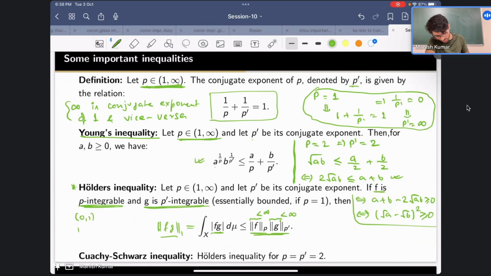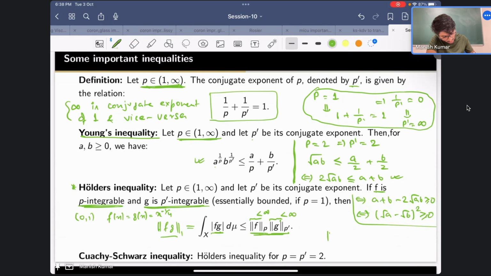You know that 1 by x raised to the power 1 by 4 is in L2, I mean its 2 norm is finite. So p is equal to 2, p prime is equal to 2. Suppose f of x is equal to g of x is equal to x raised to the power minus 1 by 4. If you integrate this, what is the 2 norm?